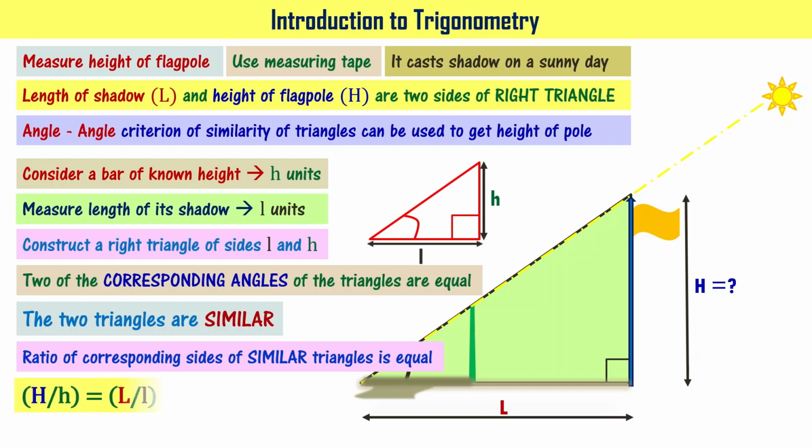It means capital H by small h equals capital L by small l, right? That can be rearranged and written as capital H equals capital L by small l times small h. Now from this equation you see that all the quantities on the right hand side are known. So you can get capital H, that is the height of the flagpole, without climbing the pole, right?